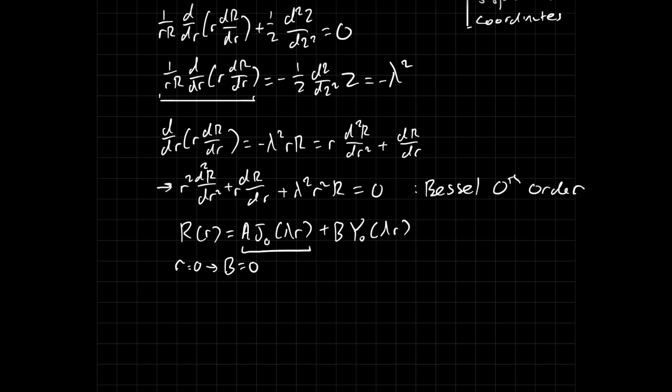So all we have to figure out now is what happens at r equals 1, which is going to be the edge of the cylinder. Well, r equals 1, remember, is what happened when we defined r plus dr equals 0.